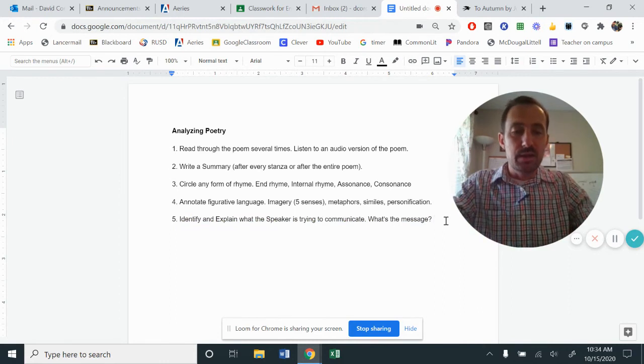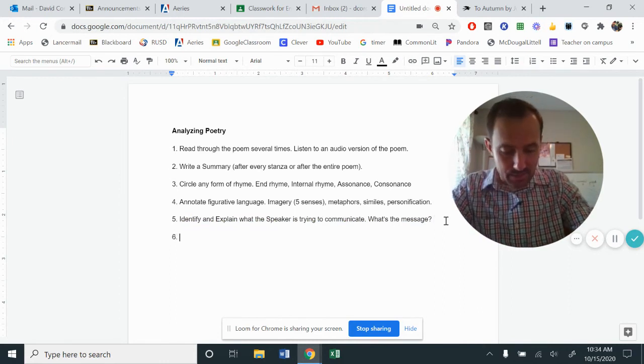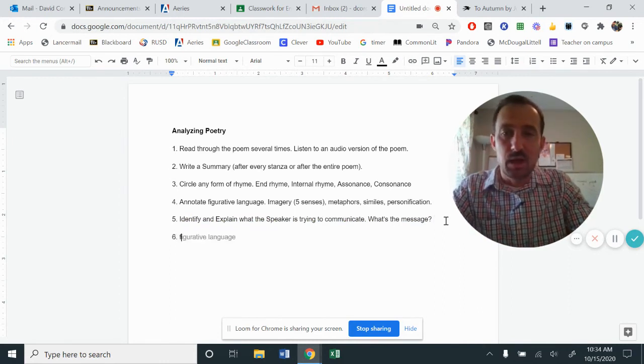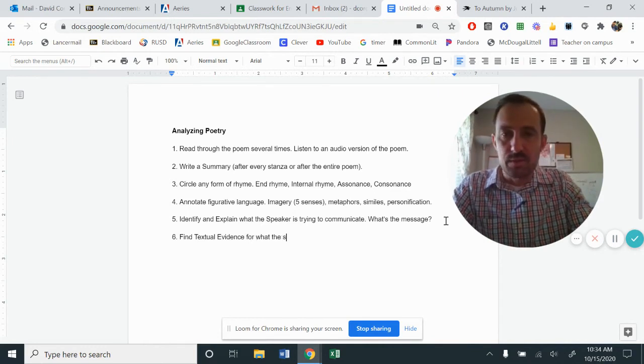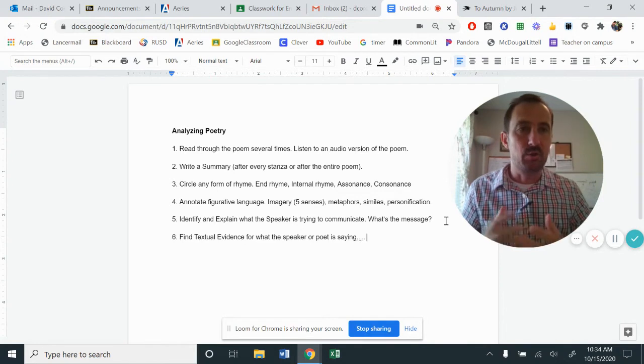Okay. The next component after that actually ties in, because number 6 is find textual evidence. Find textual evidence for what the speaker or poet is saying. Okay. What is it about that transition?